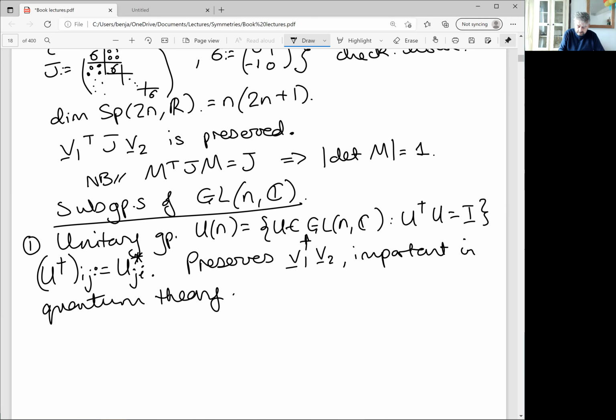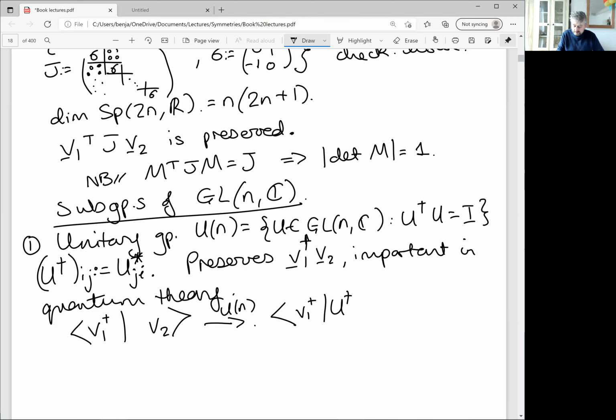If we take a bracket of something, the bra and the ket are mapped to complex vectors, and you get some V1 dagger U dagger.